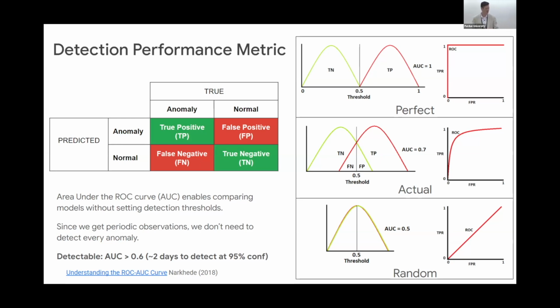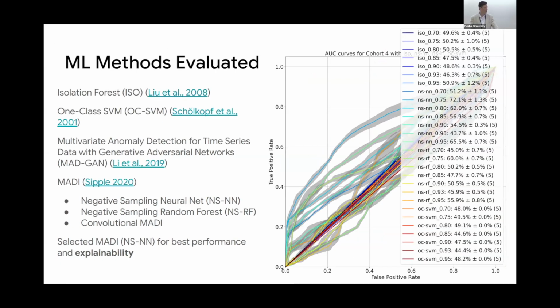For this audience, probably don't need to explain that too much. And then we applied different ML methods and different anomaly detection methods. So right now we're focused purely on detection. We looked at the obvious things: isolation forest, one-class support vector machine. We looked at a GAN-based approach, MAD-GAN, multivariate anomaly detection for time series data.